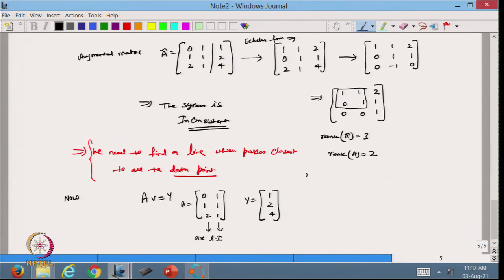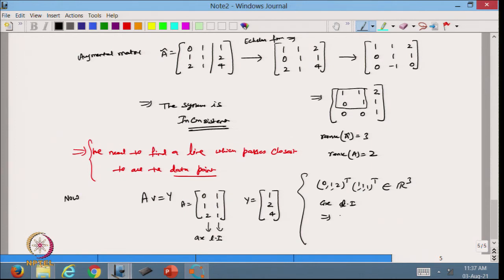This vector 0, 1, 2, the first column, transpose, and 1, 1, 1 transpose, belong to R3 and are linearly independent.